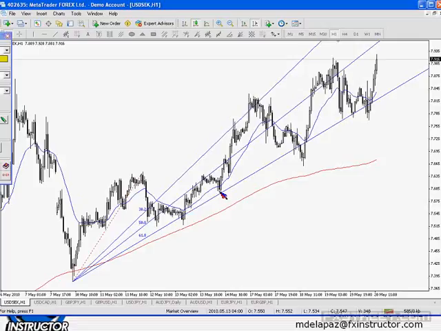We saw the 50 fan line acting as a resistance. We saw it acting as a support. Although, as I said, there are a lot of false breakouts. Okay, I'm not really a fan. So if there's a fan of the fan lines, feel free to defend the fan lines. Let's move on. Let's look at the next two.